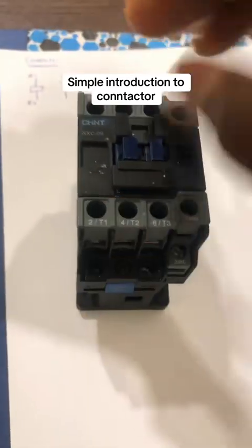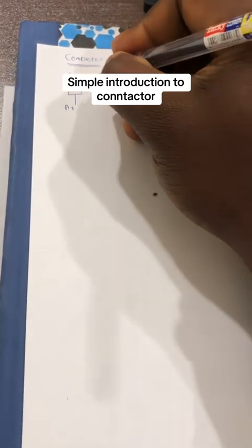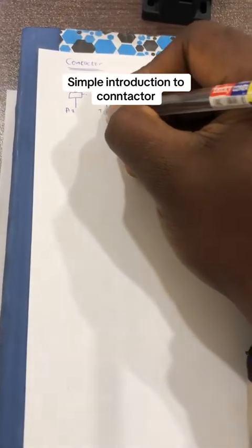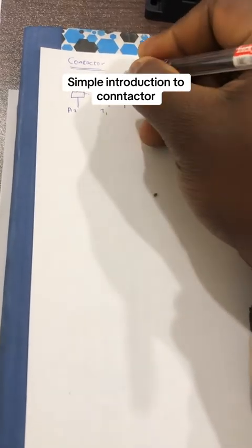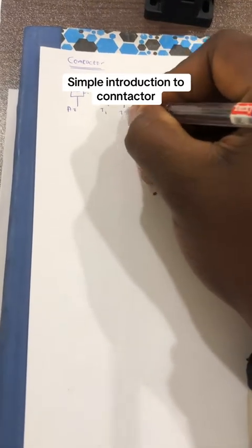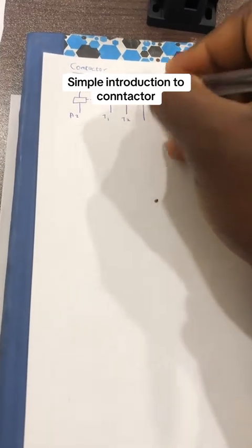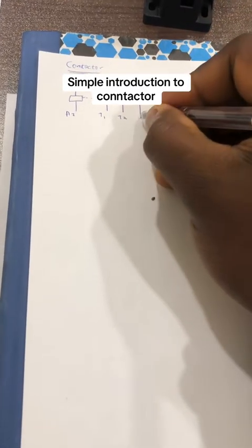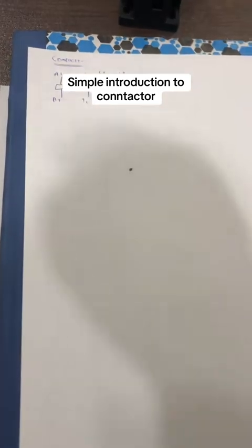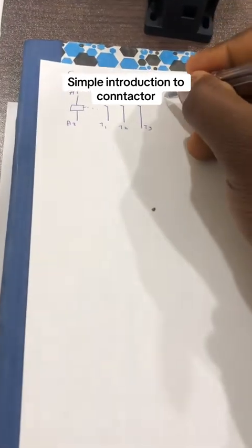So now we have these contacts here. I have this as my L1, the output, which is T1, then another one, L2, the output, which is T2, then another one, L3, output, which is T3. Then we have this normally open contact.